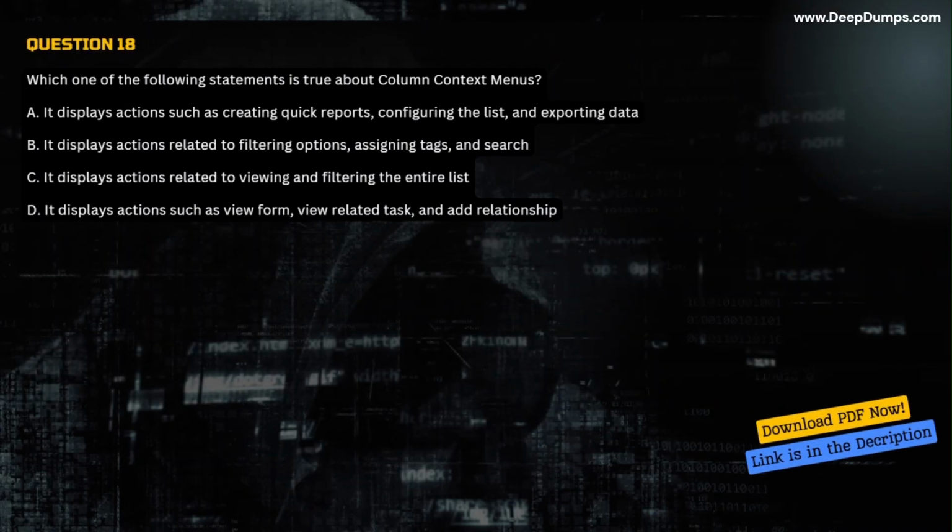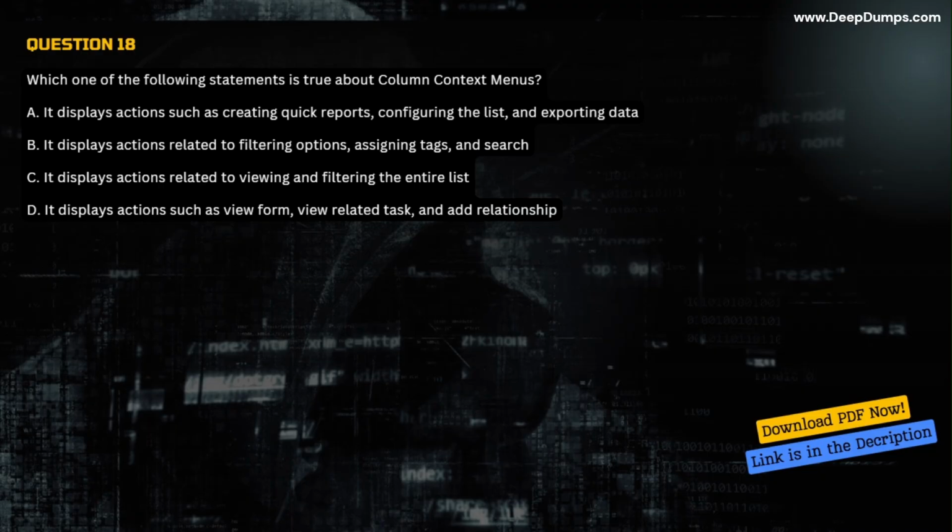Question 18. Which one of the following statements is true about column context menus? A. It displays actions such as creating quick reports, configuring the list, and exporting data. B. It displays actions related to filtering options, assigning tags, and search. C. It displays actions related to viewing and filtering the entire list.